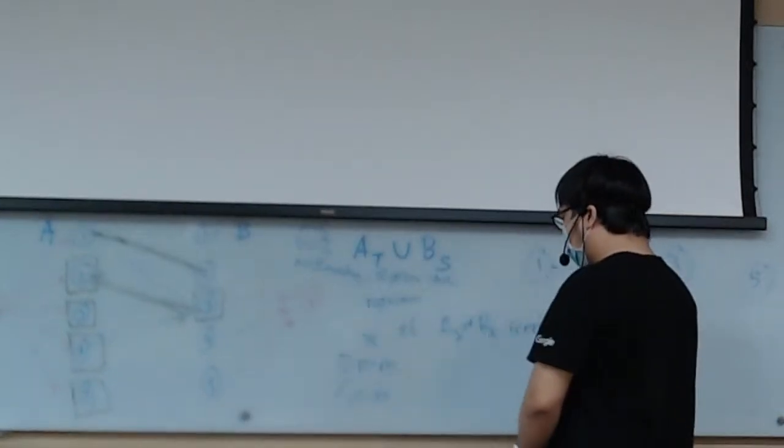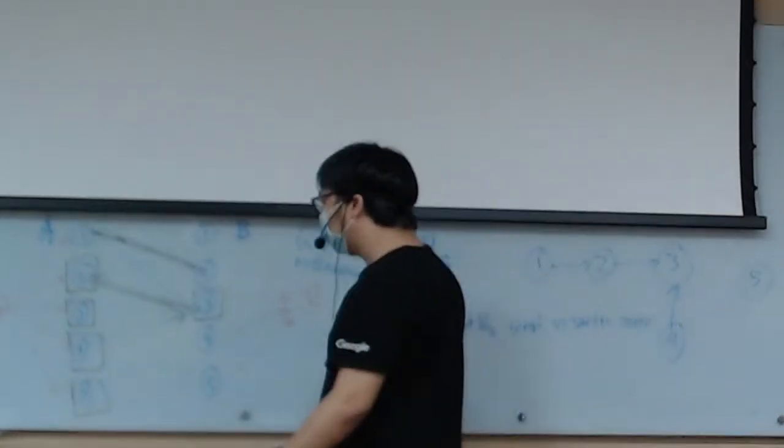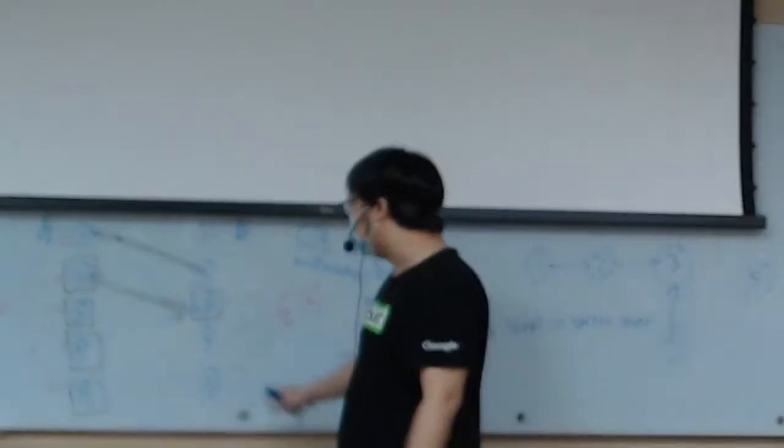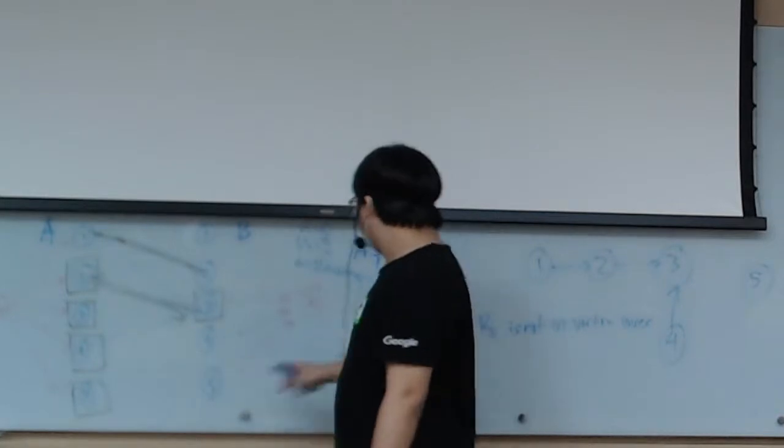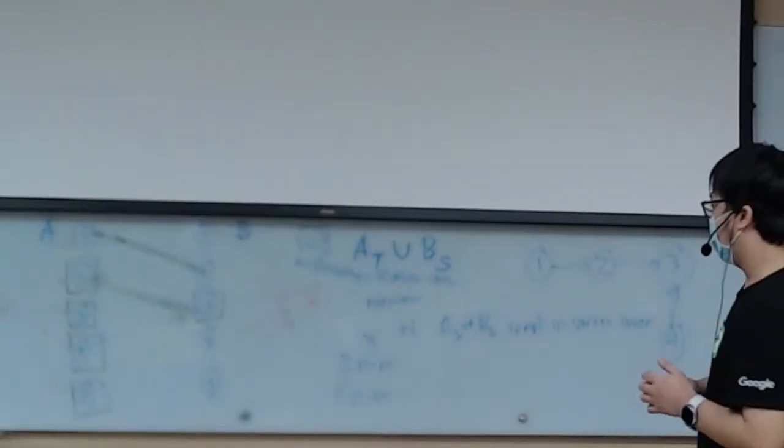But again, if you forget the proof, don't worry, you can still construct it. What you must remember is that you take the node where neither AX nor BX is in the vertex cover. So that's the idea.